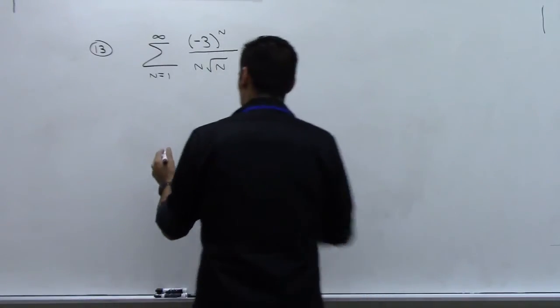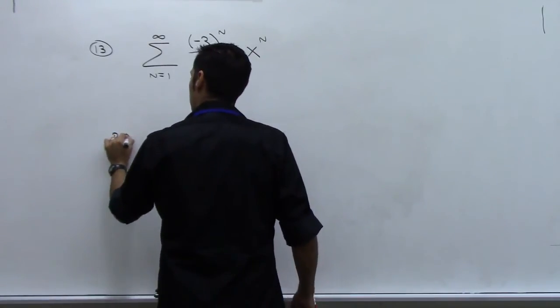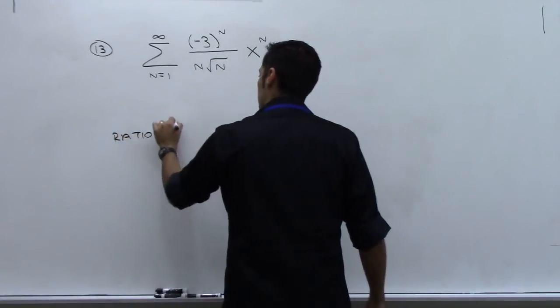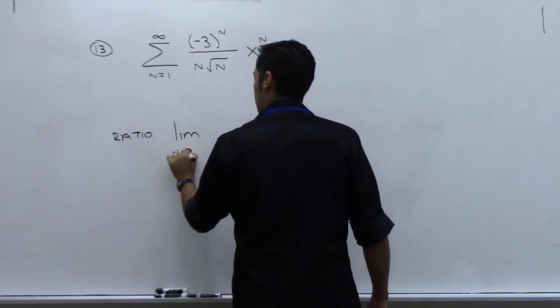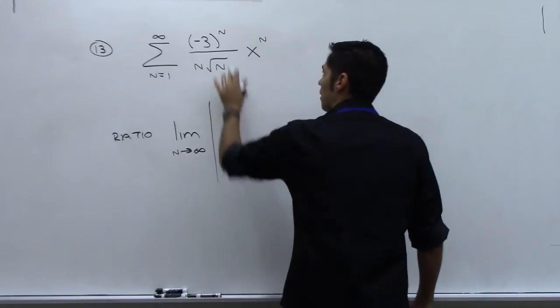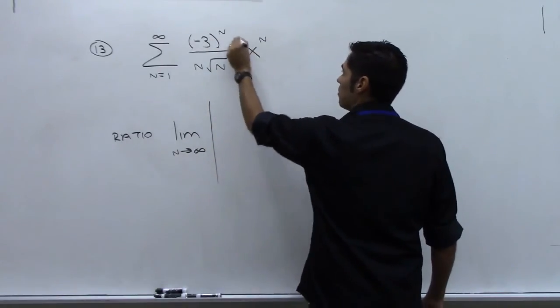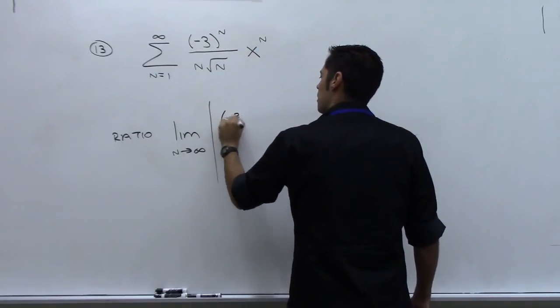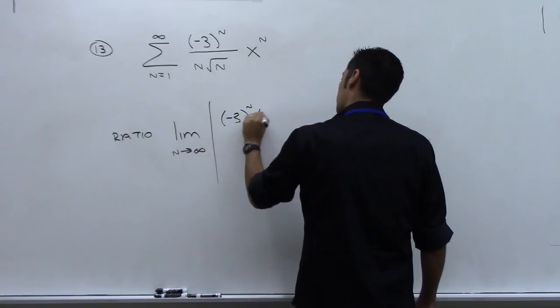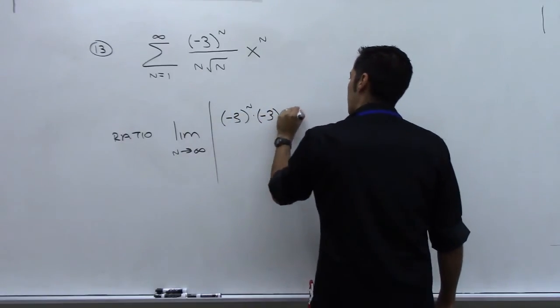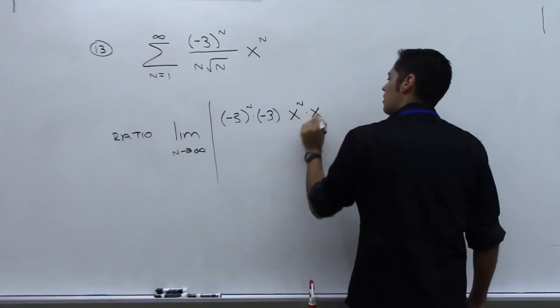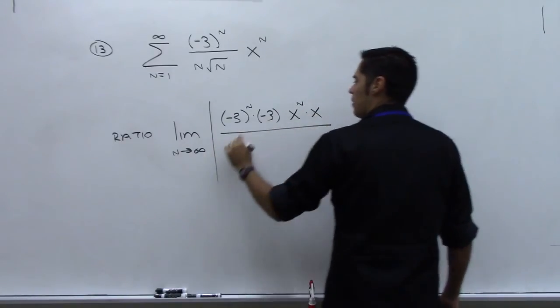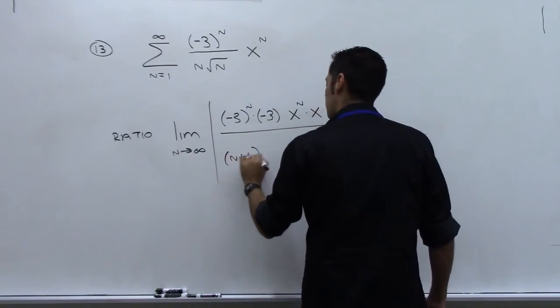I'm going to do my ratio test here. So the limit as n goes to infinity, with n plus 1s, remember this is really up top. So that's negative 3 to the n times negative 3 to the first power, and then x to the n times x, over the denominator with n plus 1 plugged in.